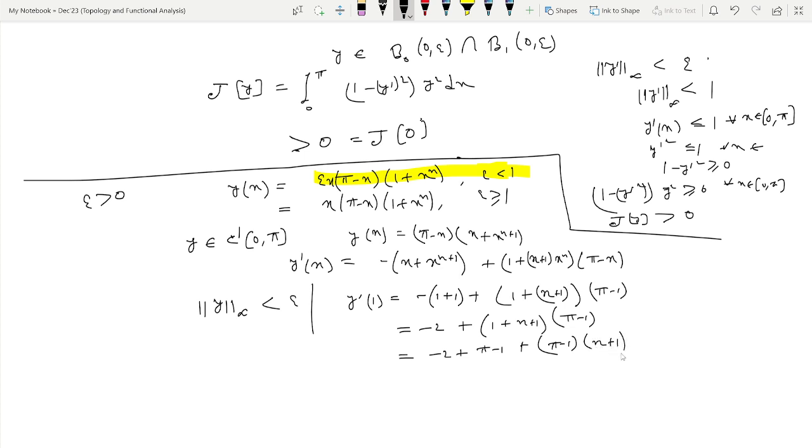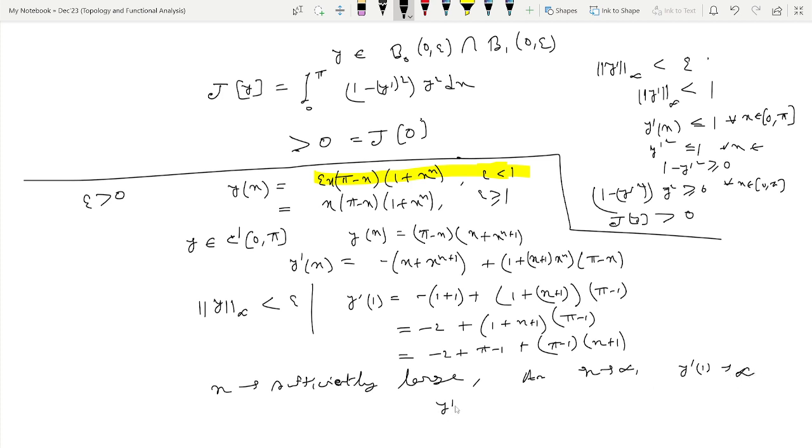So look at this n plus 1 case. We have not mentioned what our n is, and we take here n sufficiently large, as n tends to infinity. As we have taken n tends to infinity, this y'(1) also tends to infinity, so this will be very large.